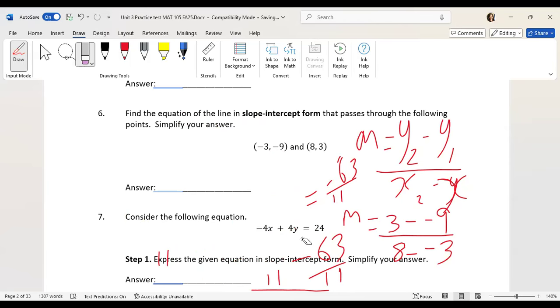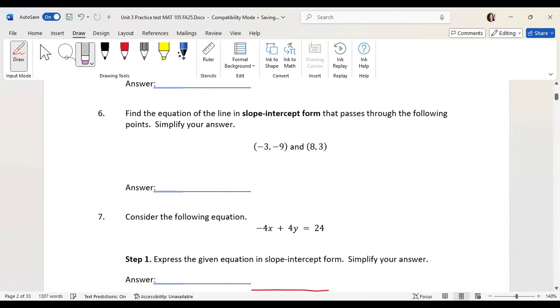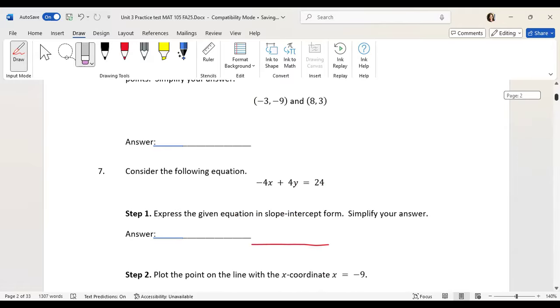The test will be next class. So whether we are given a point and slope or 2 points, we know how to write the equation of a line, either in point slope formula or slope intercept form. That is okay.